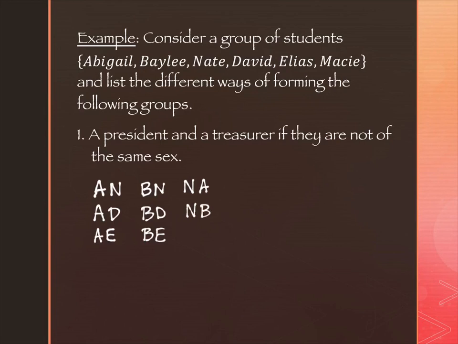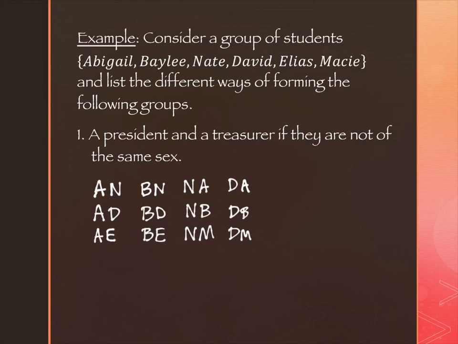But maybe Nate's not president. Could be David, right? Oh, I missed Macy, sorry. Nate and Macy was the last one, so sorry. We hadn't come across her name yet, so I forgot about her. All right, so Nate and Macy. We could have David and Abigail. David and Bailey. Or David and Macy.